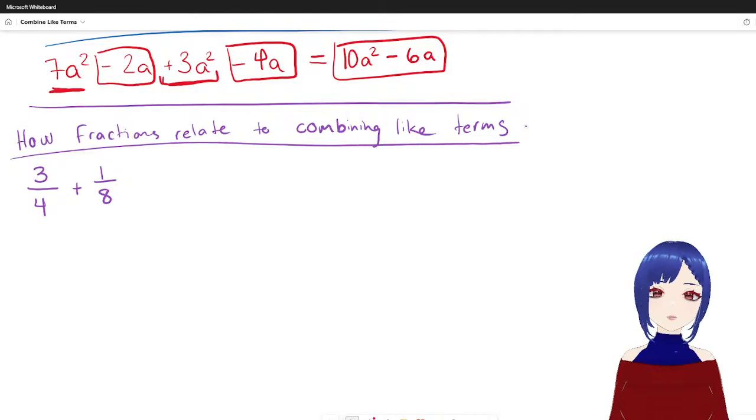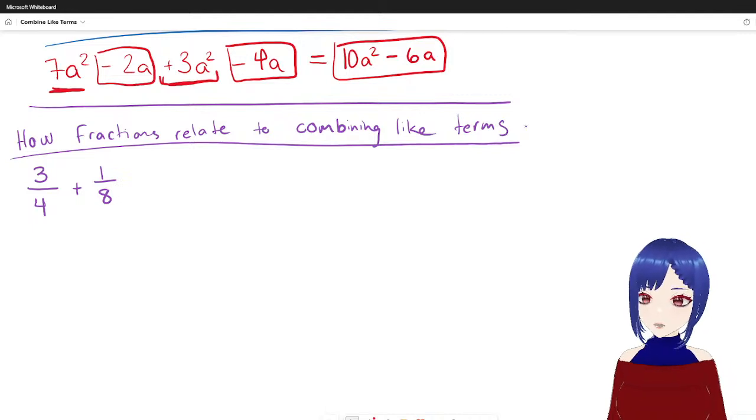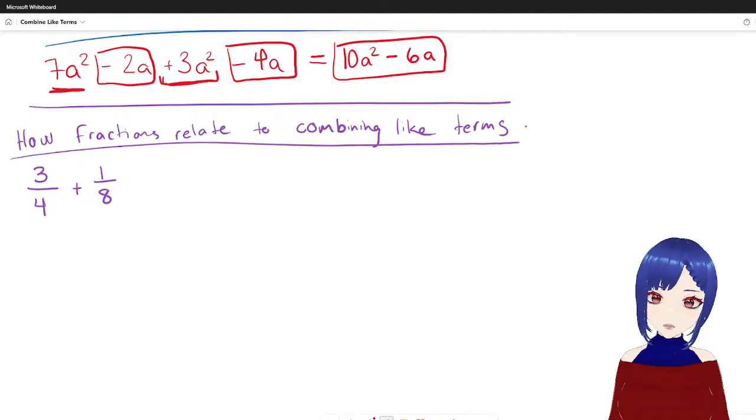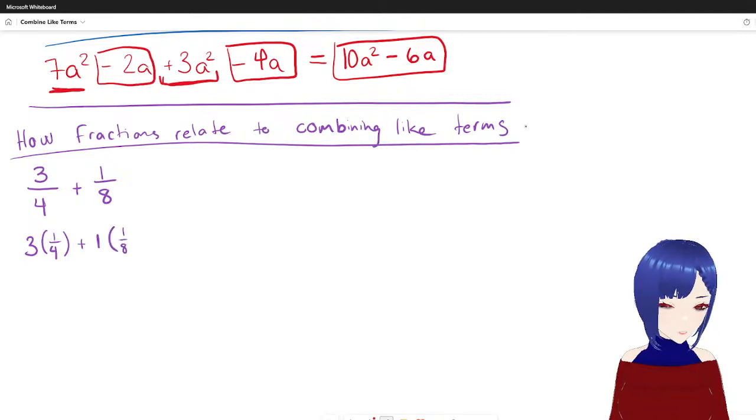So I'm going to take something here, and it's gonna look a little weird. 3 over 4, you say it as 3/4, means that there are 3 1/4, 3/4, plus 1, I'm gonna use the 1/8.